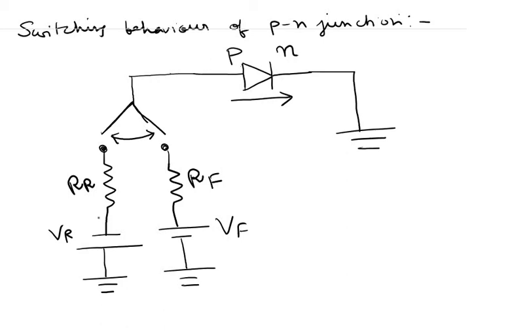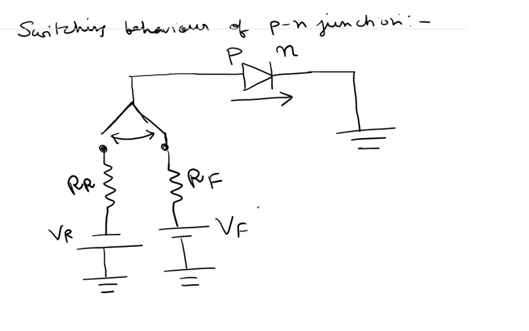Now initially let us assume that the diode is connected to the voltage source VF through this resistor RF. Initially this switch is closed, so current would flow through this path like that. So initially this diode is connected to this voltage source VF.